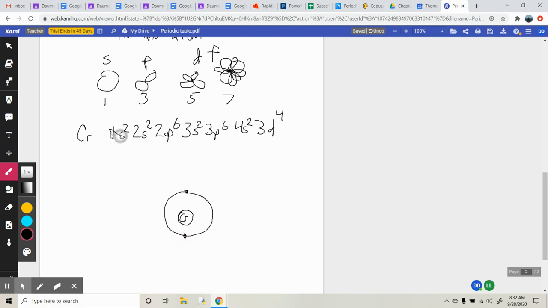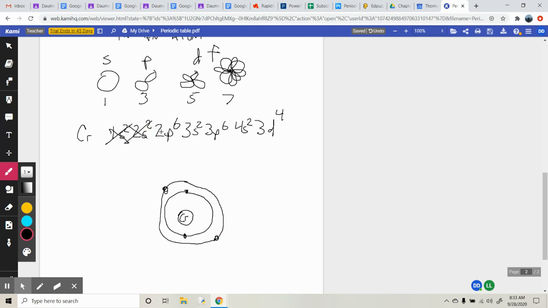Now that part of the electron configuration is done. Now we have 2s2 in the second energy level, a little farther out, an s orbital, which looks like a sphere, and it has 2 electrons.